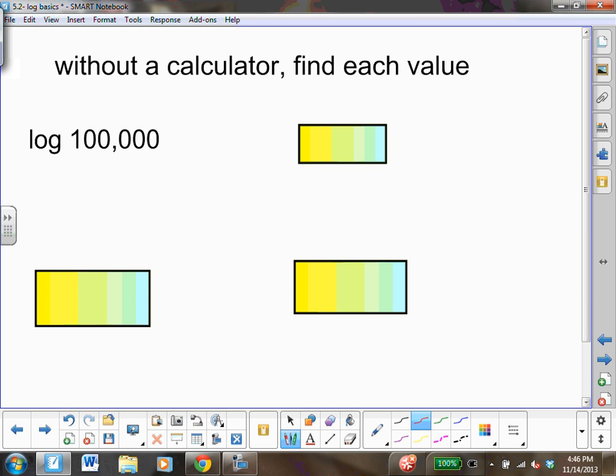So let's evaluate without a calculator. Again, for the first one, I didn't write a base, so that means that the base is 10. I always like to think of it as an exponential function. So 10 to what power is going to give me 10,000?